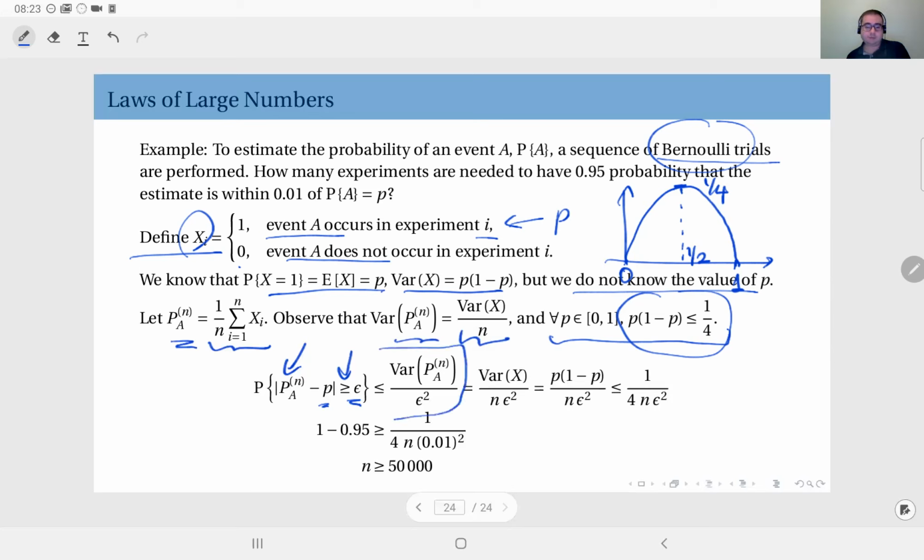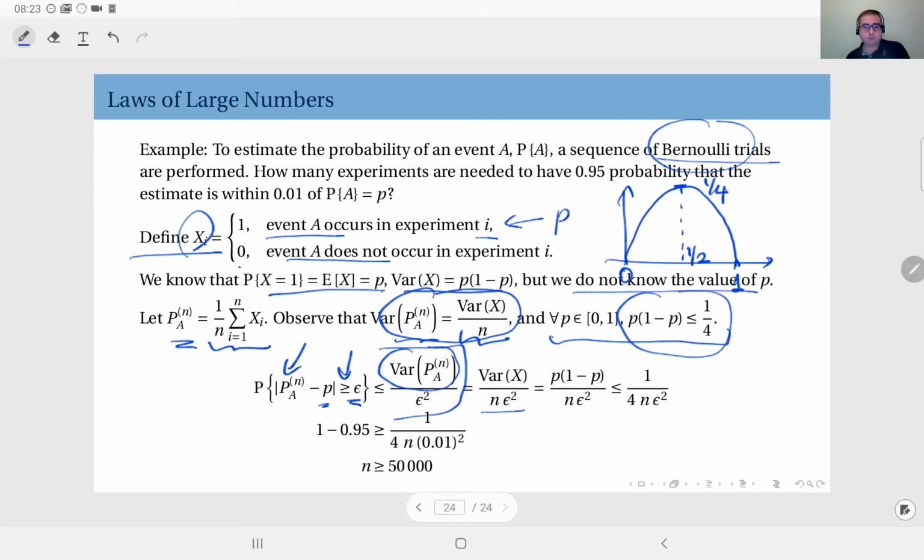You have to see the application of Chebyshev's inequality here. And this variance, as we have established, is the variance of x divided by n. So this expression is equal to the variance of x divided by n epsilon squared. And the variance of x is equal to P times 1 minus P.